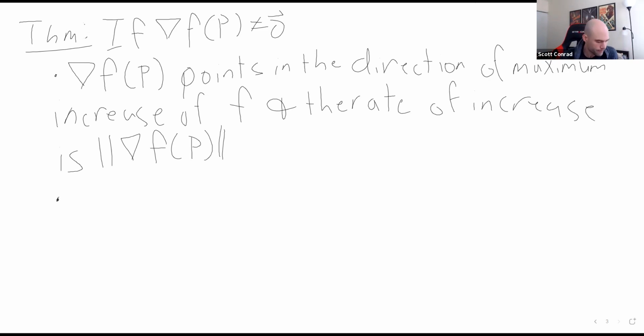So similarly, if you want to look at the direction of greatest decrease, it's negative of the gradient, right? The gradient points in the direction of greatest increase. It makes sense that if you want your function to decrease the fastest, you go in the opposite direction. And that's exactly what you do. So negative gradient of f, remember that's a vector, so negative points as a vector pointing in the opposite direction.